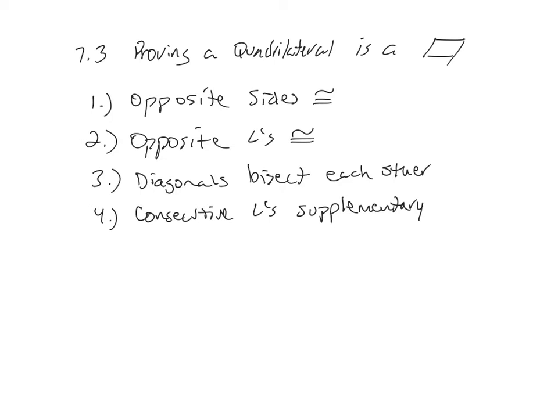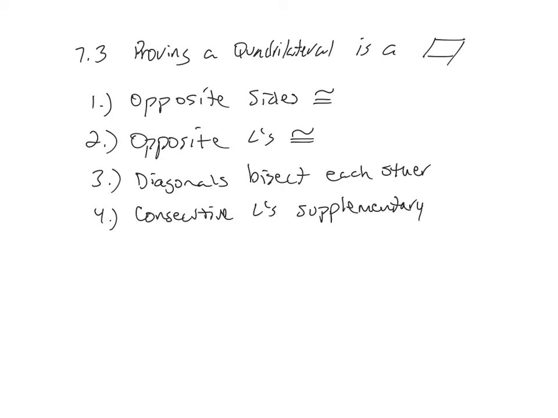So if a quadrilateral is a parallelogram, then opposite sides are congruent. Okay, so in this one, we're just dealing with the converse. If both pairs of opposite sides are congruent, then the quadrilateral is a parallelogram. If both pairs of opposite angles are congruent, then the quadrilateral is a parallelogram.